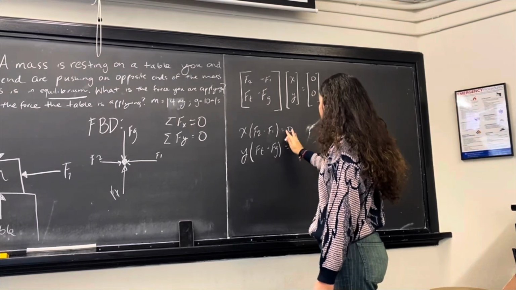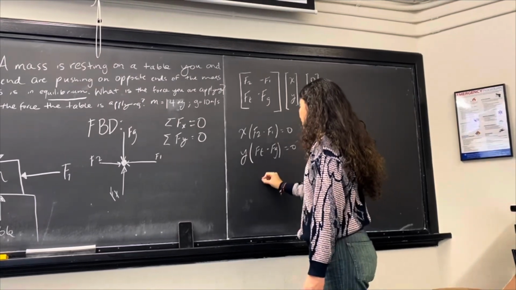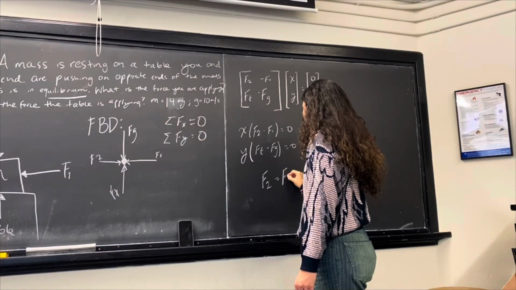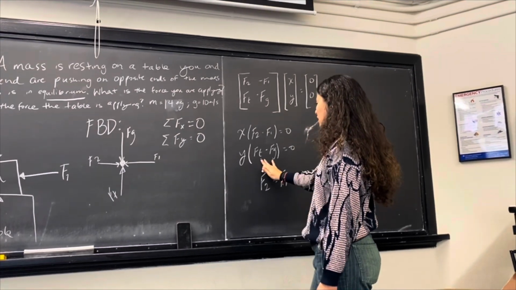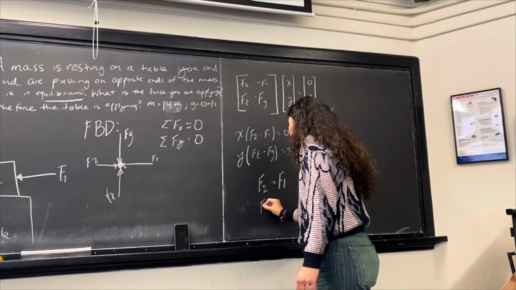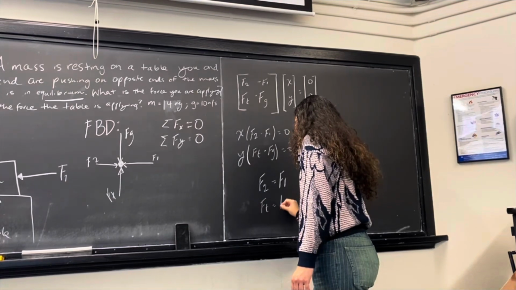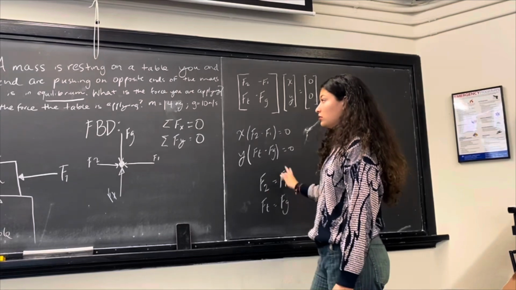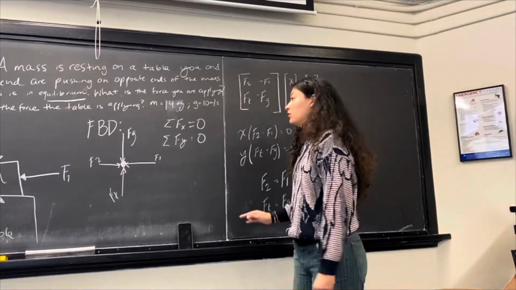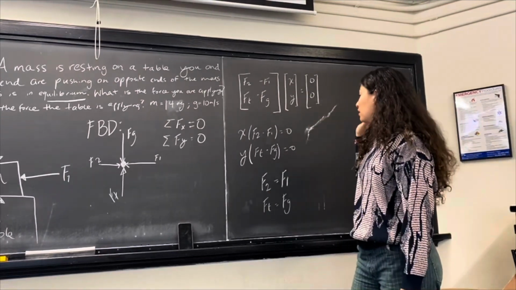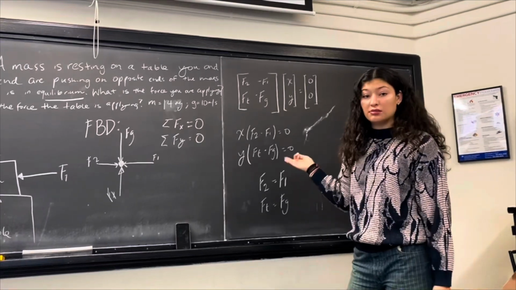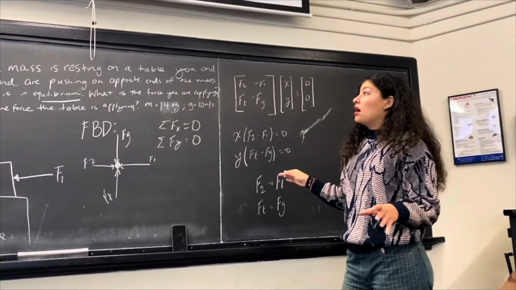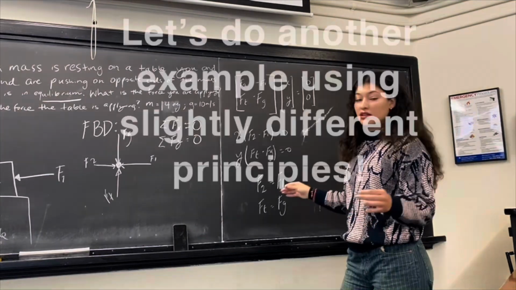We can then take this a step further and see that F2 is equal to F1, and the force on the table is equal to Fg. Then you can substitute your numbers in and get the numerical value, but this is the concept behind how to solve a system like this, and the very, very basics of solving mechanics problems.